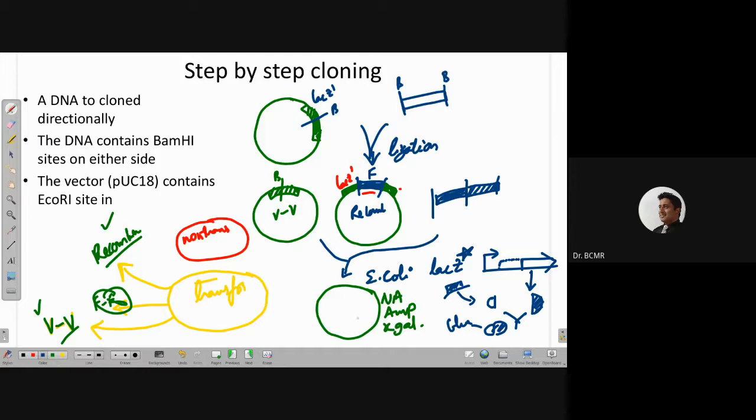That means the bacterial cell in which the recombinant is present will remain white in color, whereas the vector religation one or non-recombinant will give blue color. Just by looking at the colonies, we can recognize which one is recombinant and which one is non-recombinant. And then it's easy for us to go ahead and perform the additional experiments.